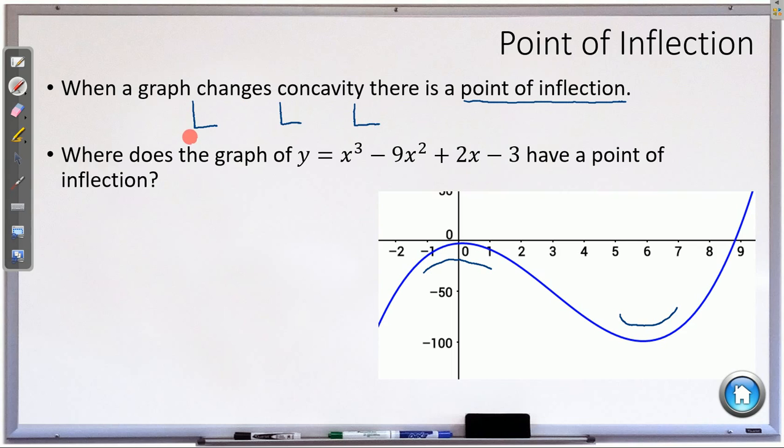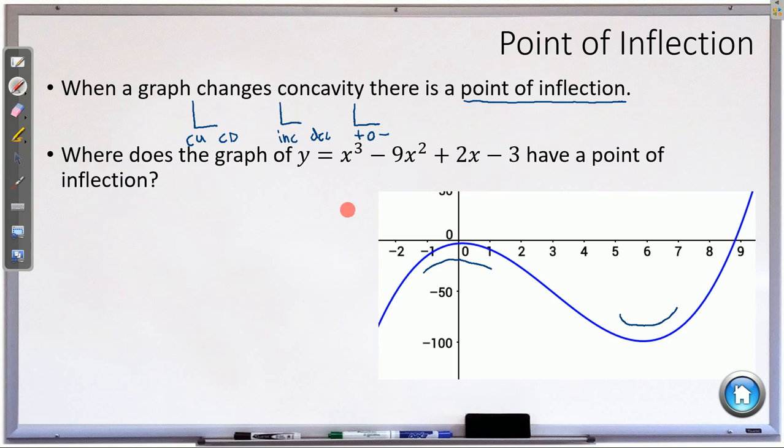That means we are changing from concave up to concave down, or vice versa, which means our derivative would have to be going from increasing to decreasing, or vice versa, which means our second derivative must be going from positive to negative, and in between those it must be 0.